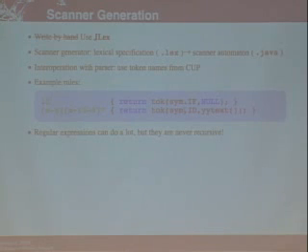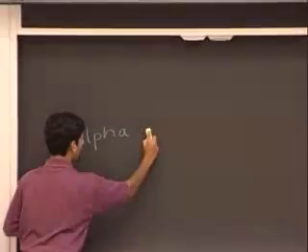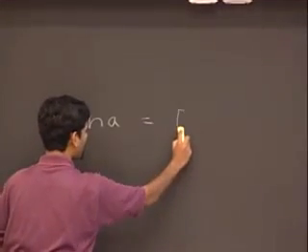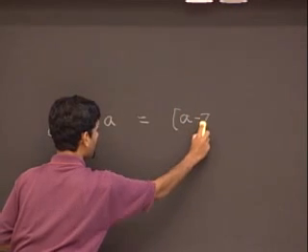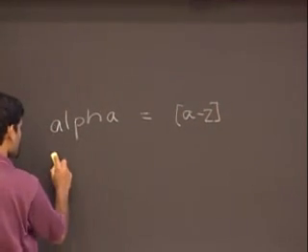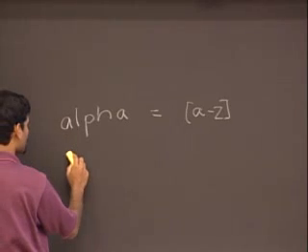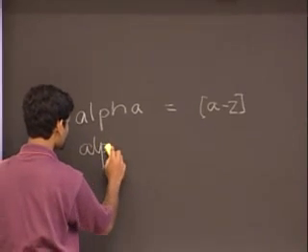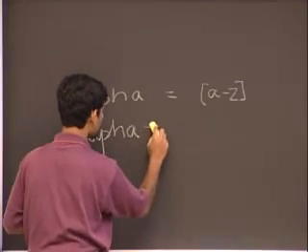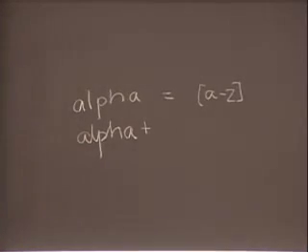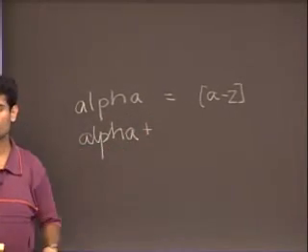Now, JLex has this cool feature where you can say, let me define, and you can do something like alpha plus to mean A to Z plus.